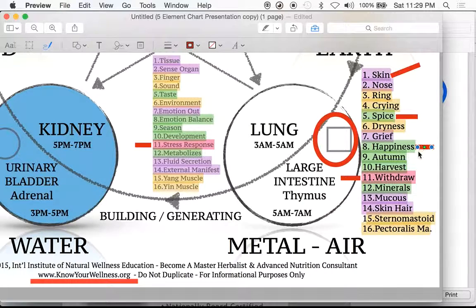So as we look at number 9 on the list, autumn, it has less to do with the time of year, more to do with storing things and canning and getting food out of the garden and all of the harvest. All of those things are really nurturing for somebody that is trying to balance this metal air element.